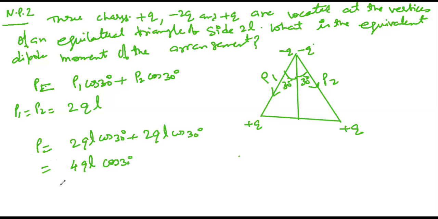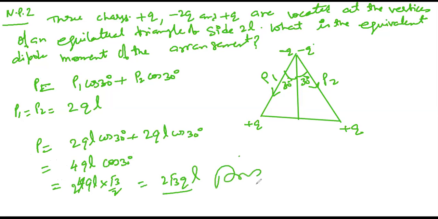Cos 30 degree is root 3 by 2. So we get 2 root 3 QL. This is the answer of this question. Have you understood? Done?